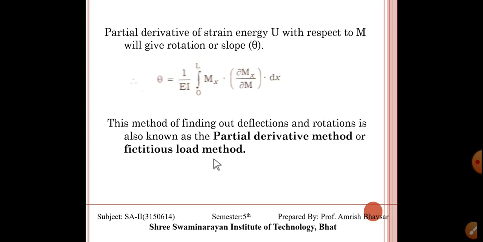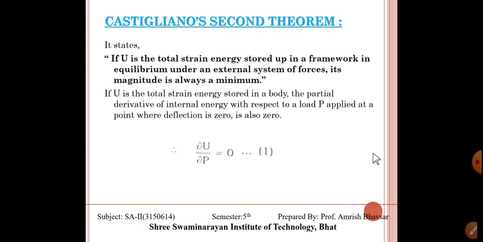We call it the fictitious load method because whenever we want to find the deflection, we assume a P load as a fictitious load there, and after that we put the value of P as 0. Okay.